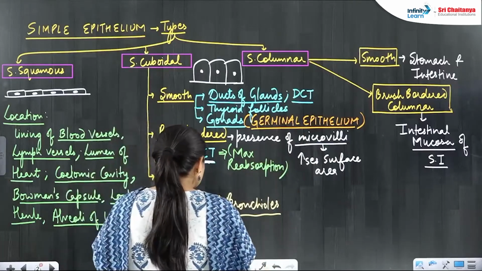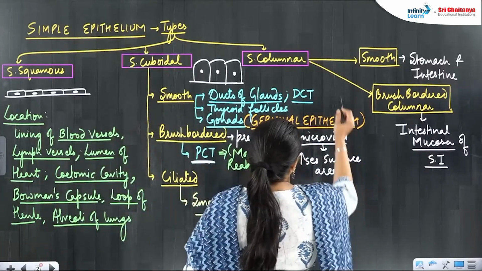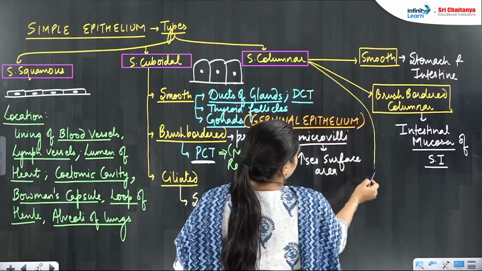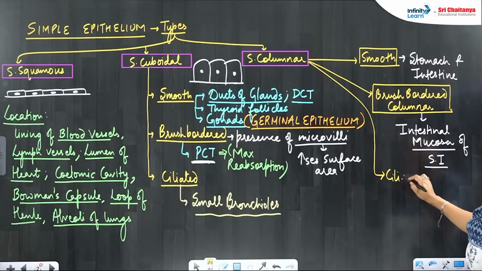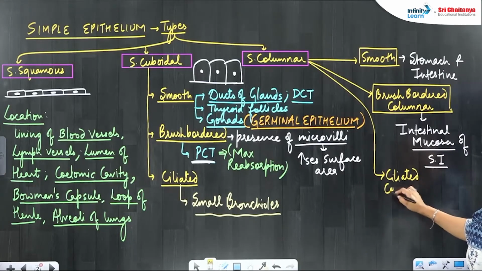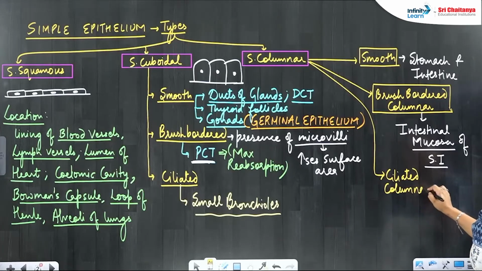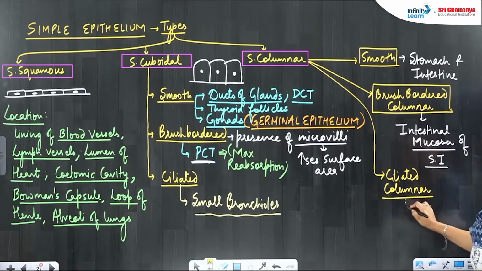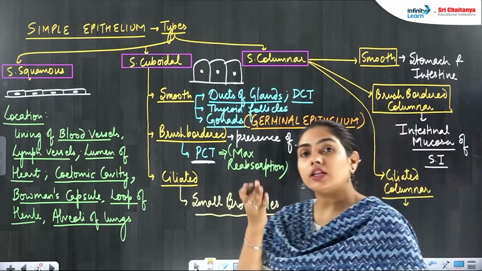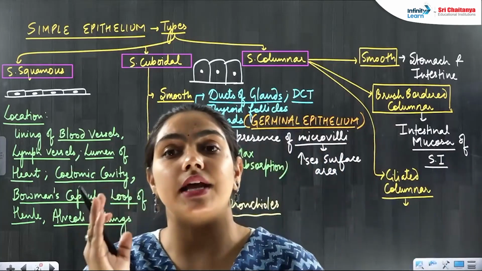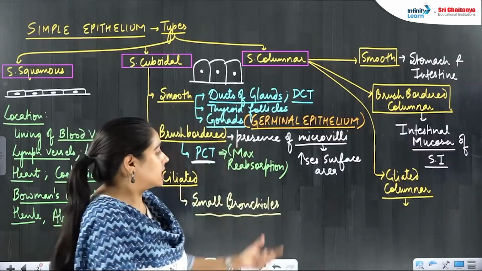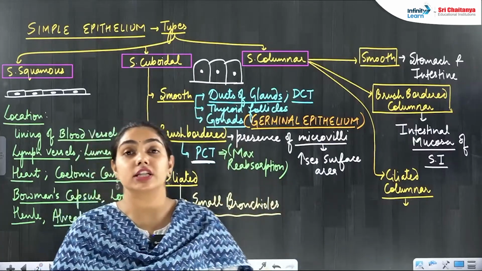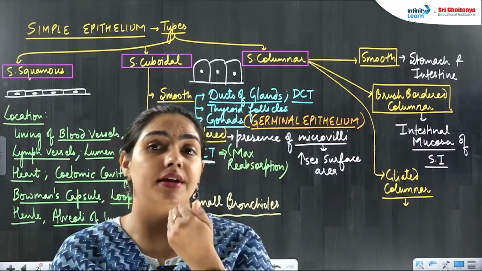Now coming to the ciliated. Let me tell you, ciliated columnar. Ciliated columnar means the presence of cilia, where the movement of some substances is required. So remember, ciliated columnar is present in most of the respiratory tract.